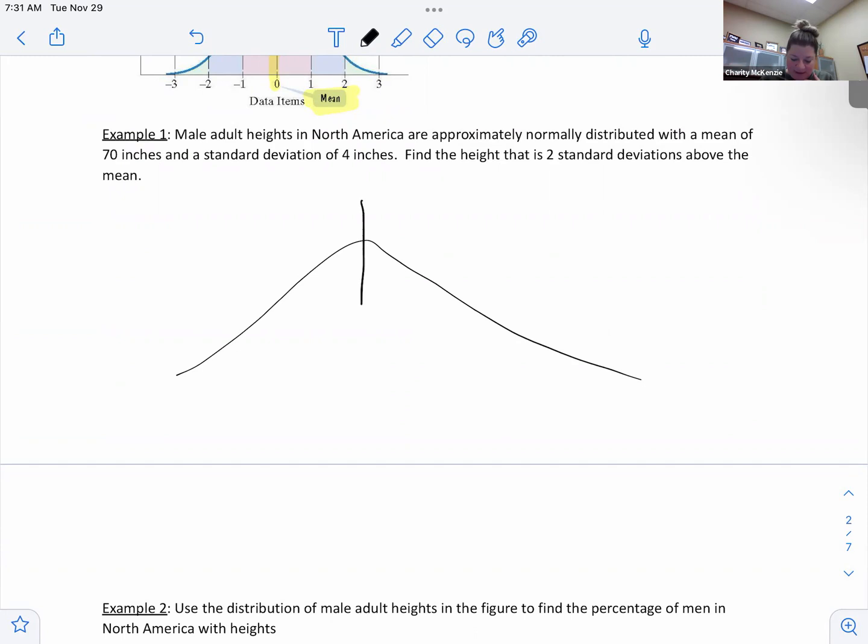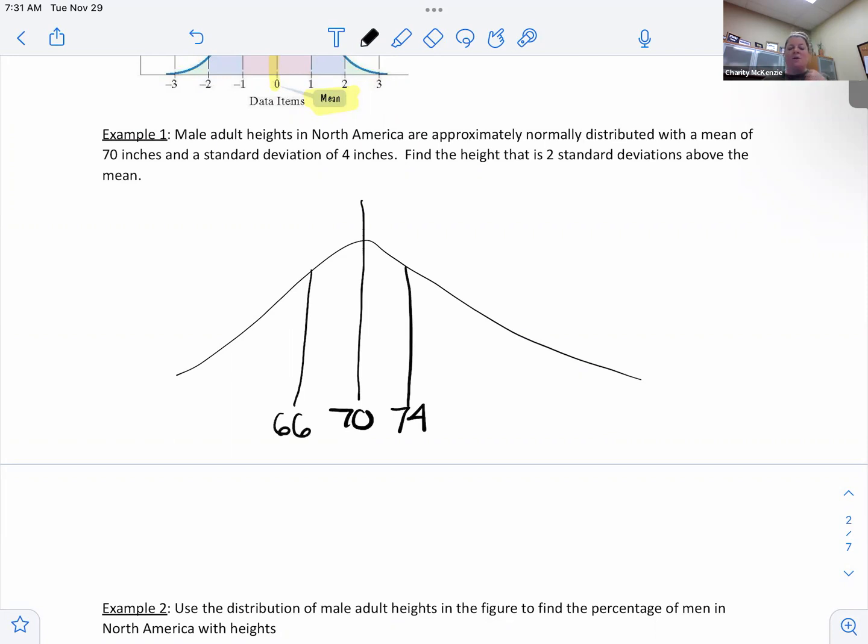What goes in the middle? The mean. What is our mean? 70. I'm going to go 1 standard deviation up, and that is to add the 4, and I get 74. I'm going to go 1 standard deviation below, and that's to subtract 4, so I would get 66.